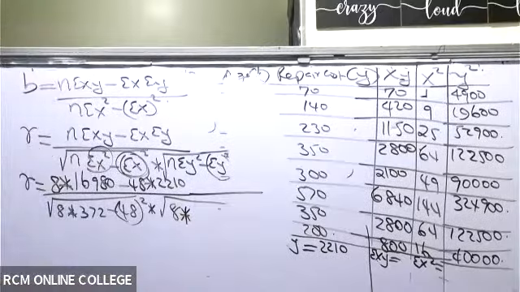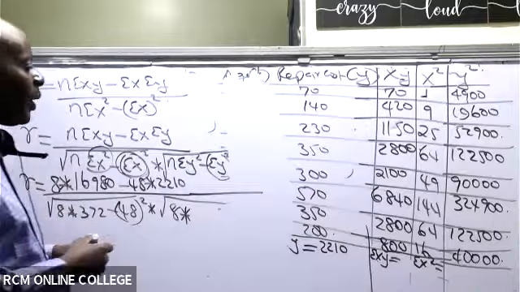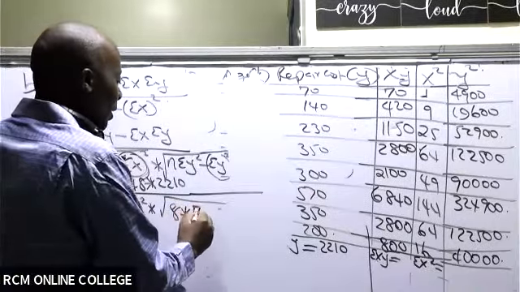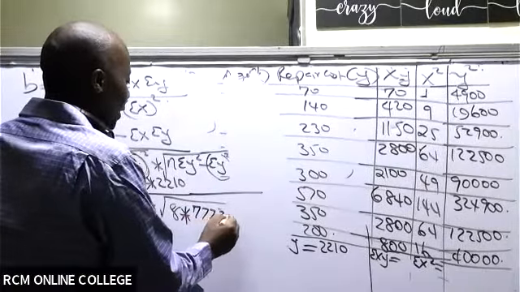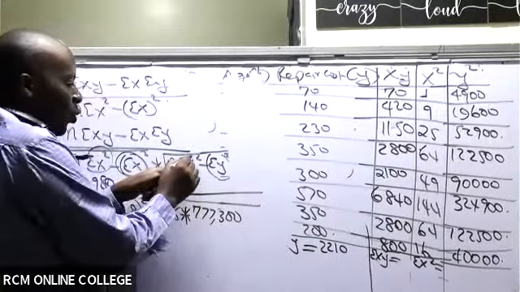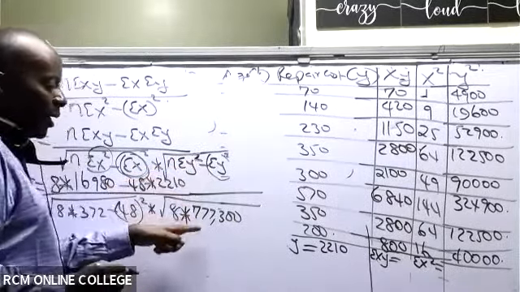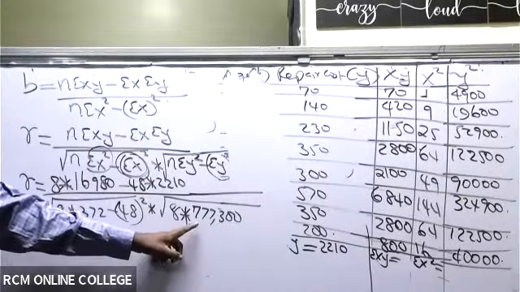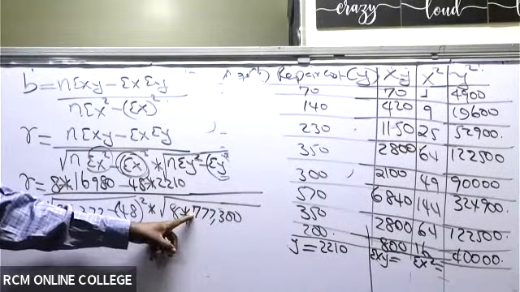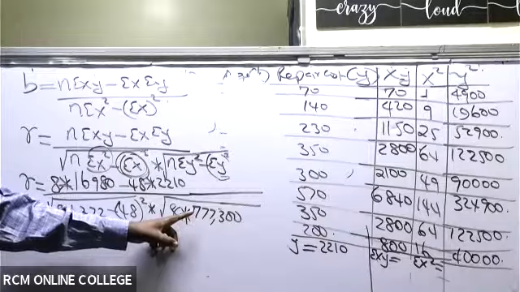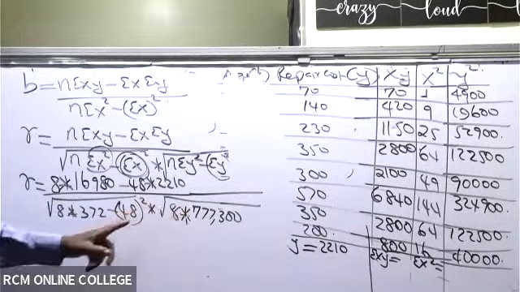Summation of y squared, you guys gave me a big number. Was it 777,300? Are you able to remember this number, 777,300? Yes.